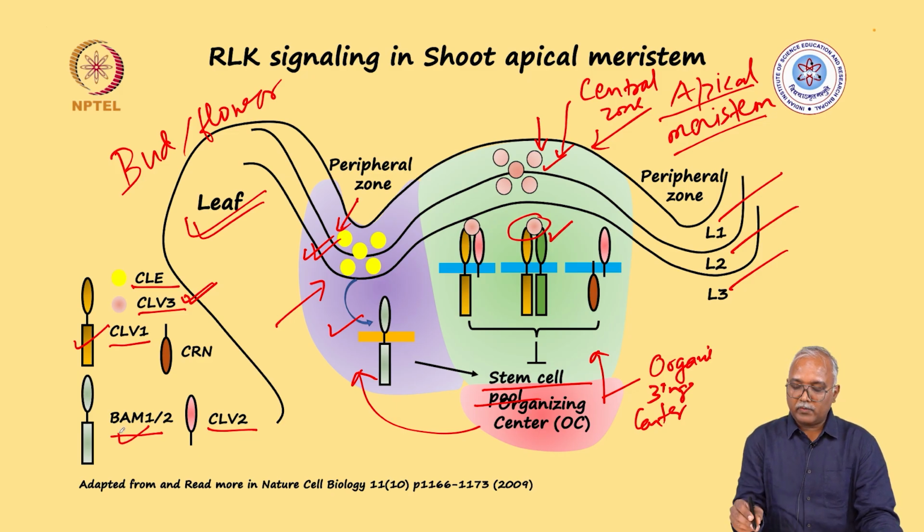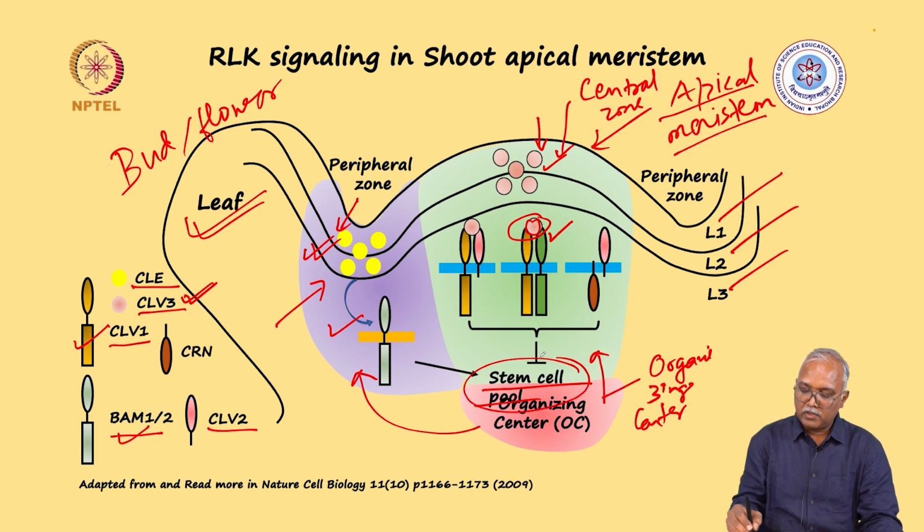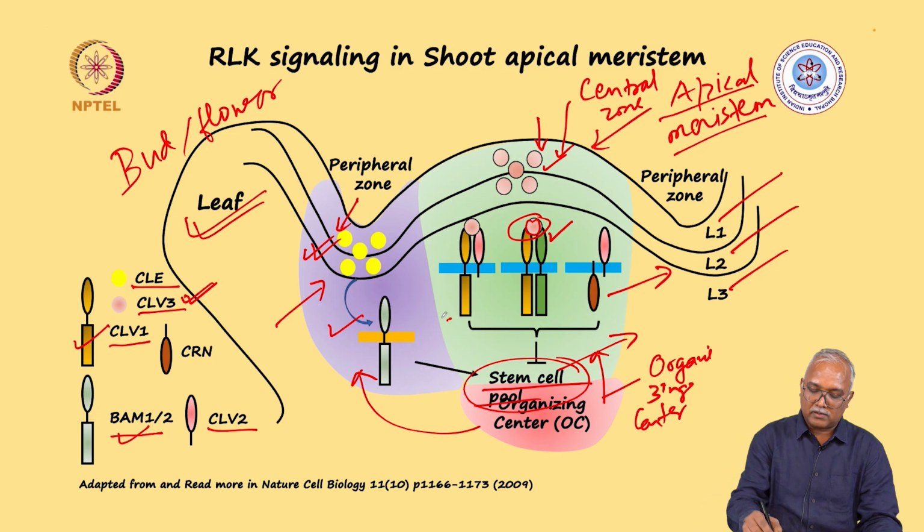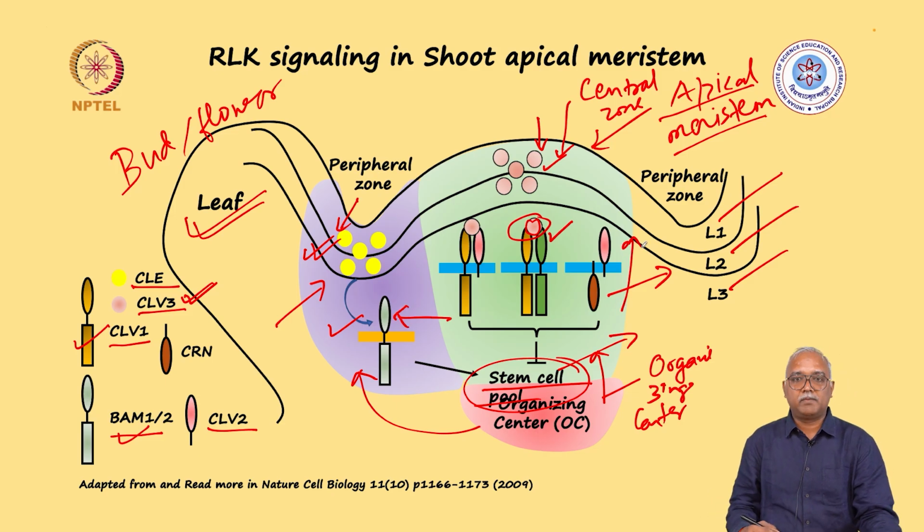So together with the different receptors present in this region, you will find that the CLV3 peptide binds, and together they instruct the stem cell pool to be localized in this area and remain inhibited. The cells moving into the peripheral zone or moving upward acquire the meristematic property and then divide, and the stem cell pool is maintained here.